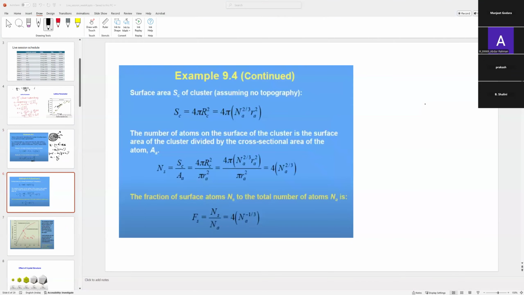Next, now if you assume there's this surface of these atoms on this cluster, so you have atoms sitting on the surface.